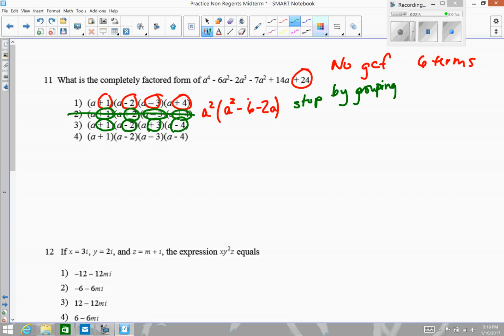So I want to keep that one. And if I look at the fourth one, positive 1, negative 2, negative 3, negative 4, that gives me a negative 24. So I'm going to eliminate that one. So I'm looking now at numbers 1 and 3 as possible solutions. I'm going to erase these so that I can see them a little bit more clearly.